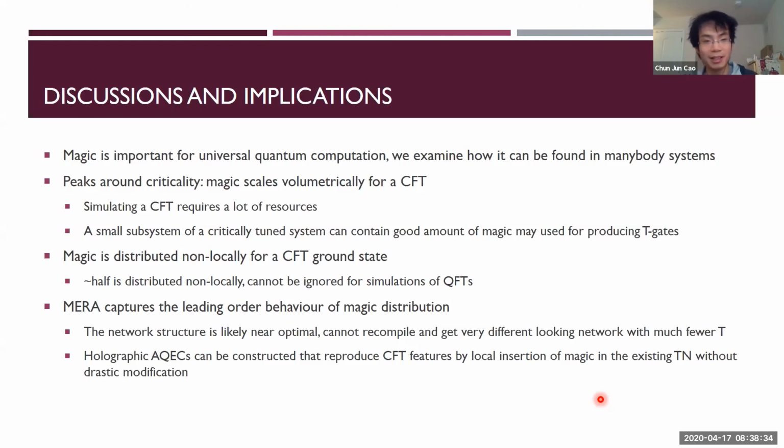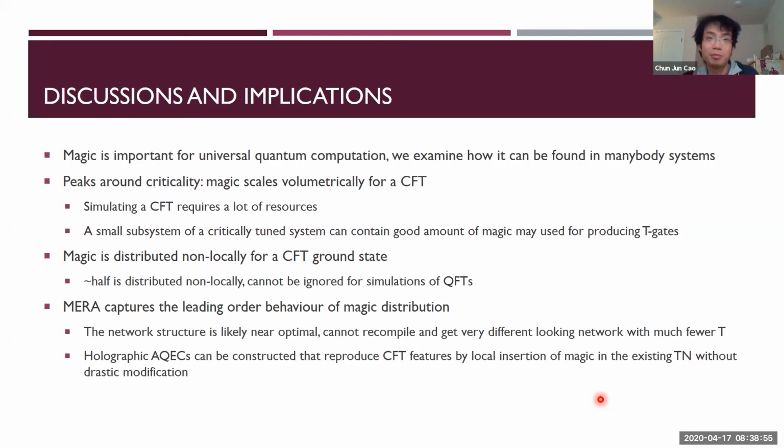But on the MERA side, we also learned that the network structure seems to capture a lot of the features of what we see numerically. So it's probably an indication that the structure of the network that we write down is probably close to optimum, that you actually need this multi-scale analysis or distribution of magic.